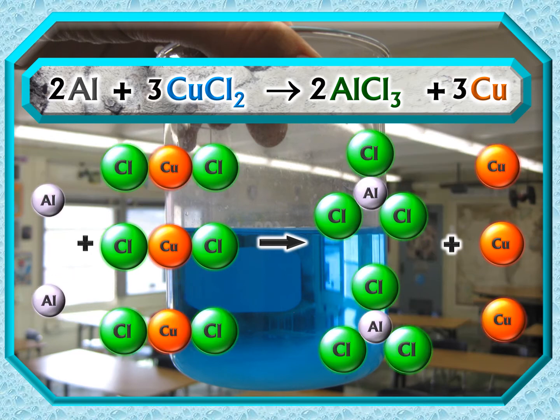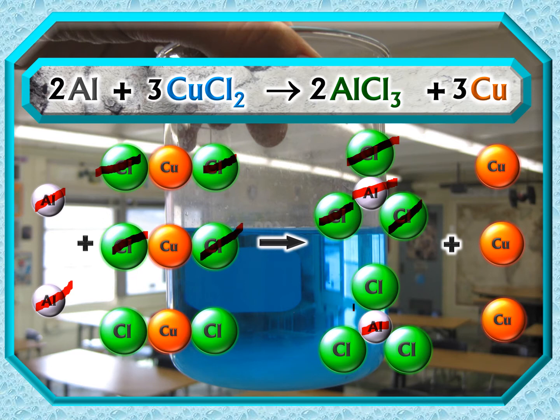When we balance this equation, it's a lot easier to see where everything went. So these two aluminum, they both got what they wanted. They won the prizes, and there they are in the aluminum chlorides. But we needed 3 copper chlorides to provide enough chlorine for these two. This one goes there.